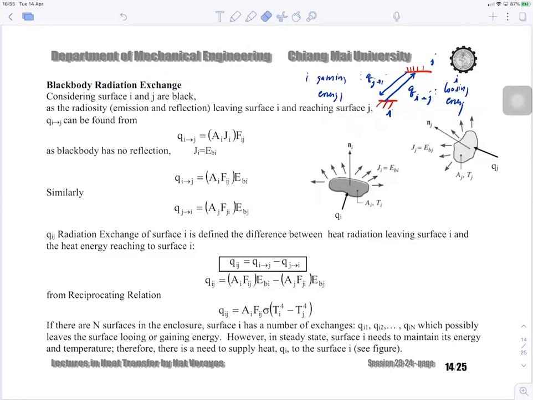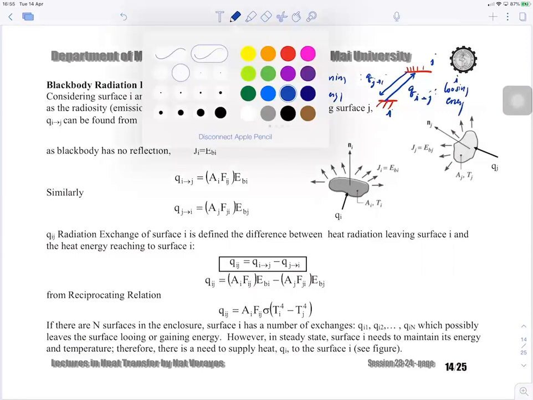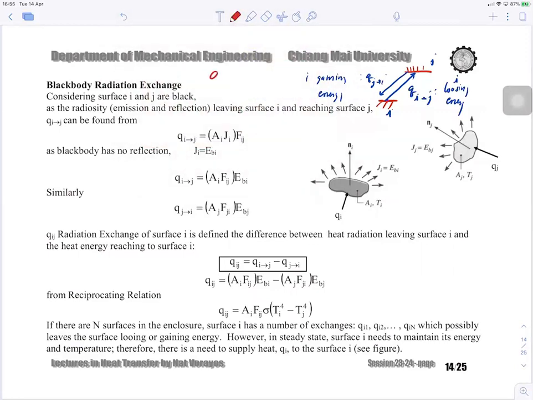Okay, so for example, in this case, we're going to define a new term. The new term would be Qij. Okay, this is radiation exchange. What is the radiation exchange again? It is equal to Qi to j minus Qj back to i.